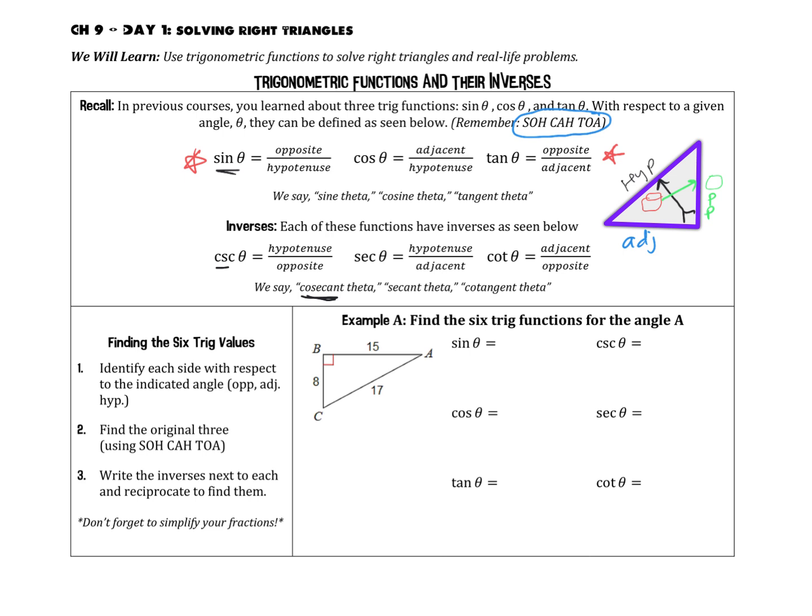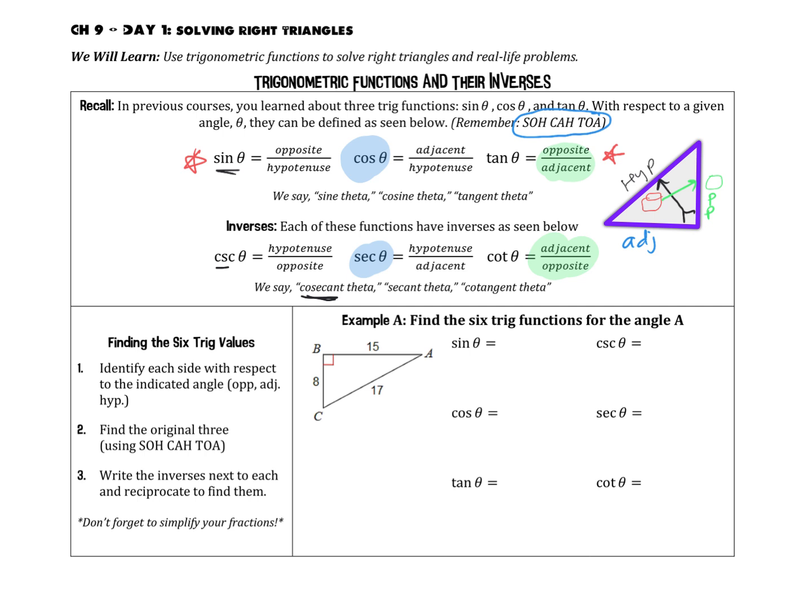The next one, cosine, is going to go with secant. Cosine is adjacent over hypotenuse. Secant is hypotenuse over adjacent. So you're reciprocating the side lengths. And lastly, tangent is opposite over adjacent, so cotangent is adjacent over opposite.